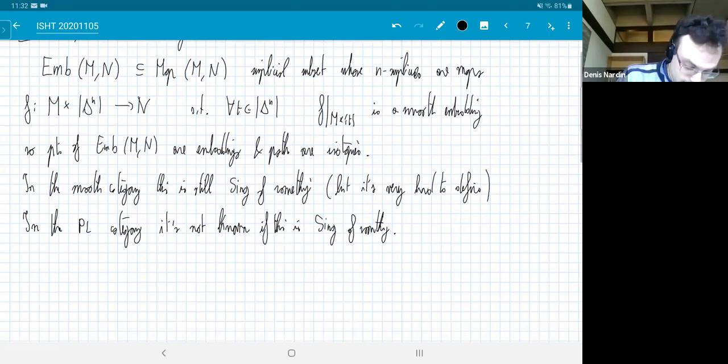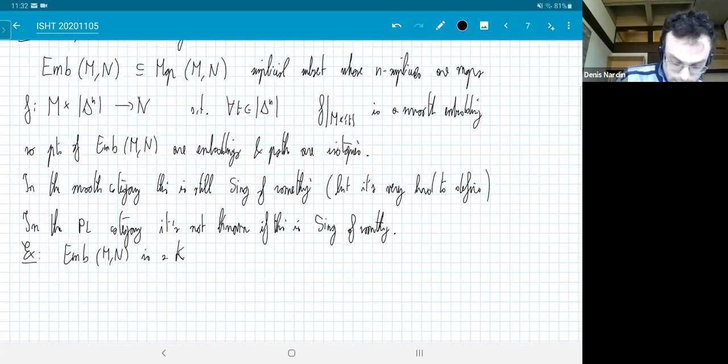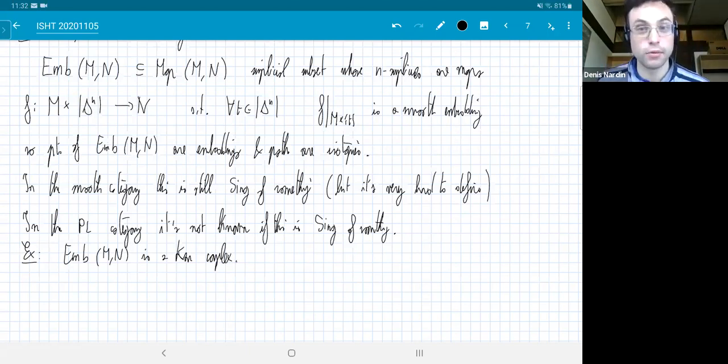And let me say again, as an exercise, it's quite easy, that Emb(M, N) is a Kan complex. So in particular, when I define the homotopy groups, we will be able to talk about the homotopy groups of the space of embeddings, and you won't have to be bothered defining crazy topologies, if they even exist, to talk about these homotopy groups.